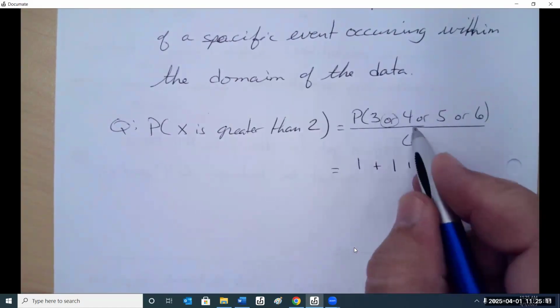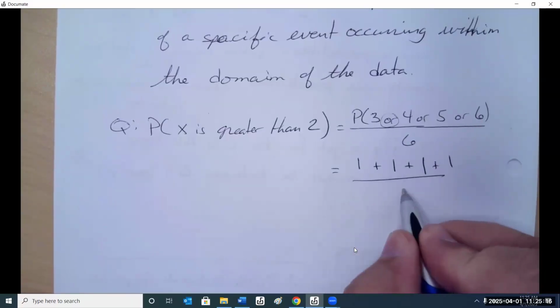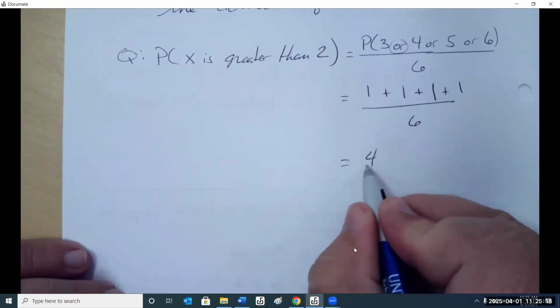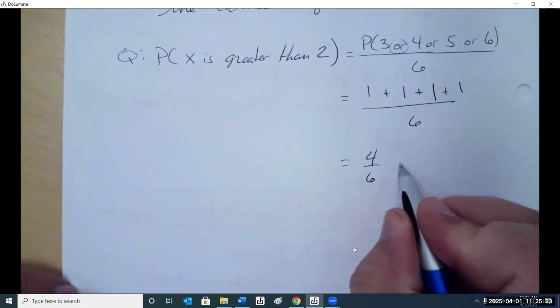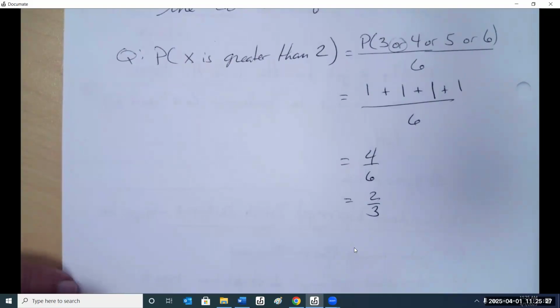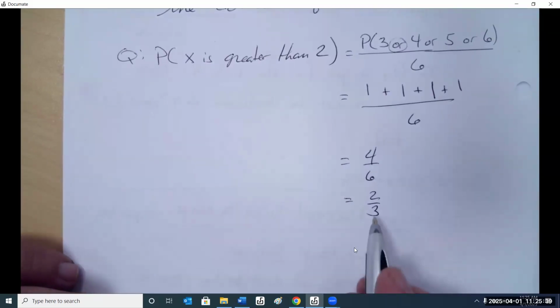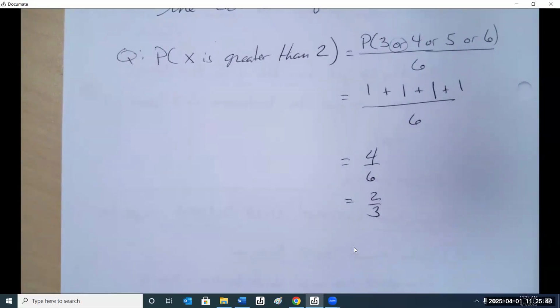Getting a 4 is 1 out of 6, a 5 is 1 out of 6, a 6 is 1 out of 6. So the probability is 2 out of 3. What that tells you is that if I tossed one die 3 times, 2 of those numbers should be bigger than 2.